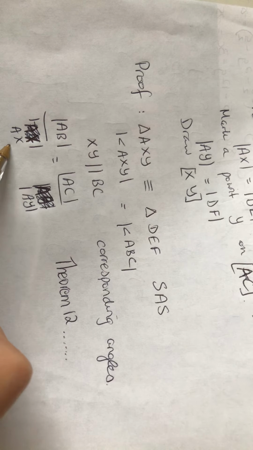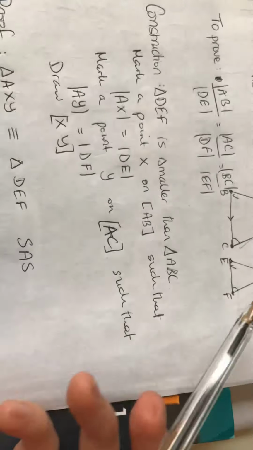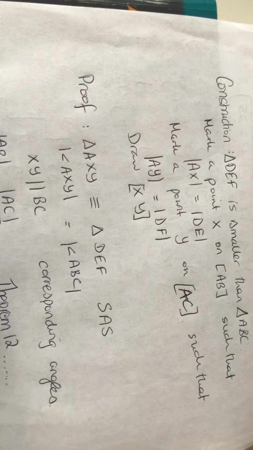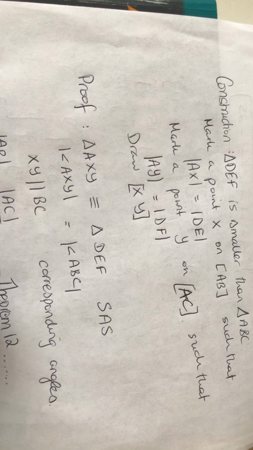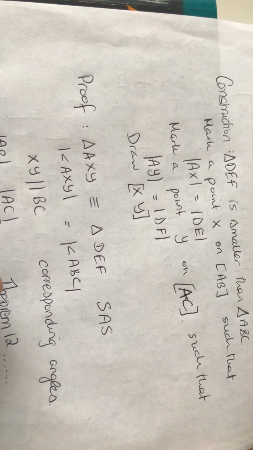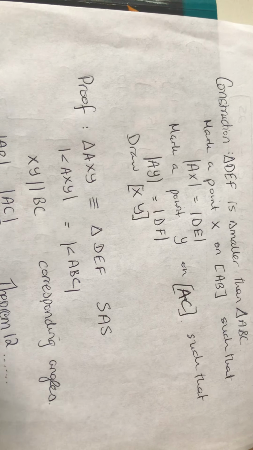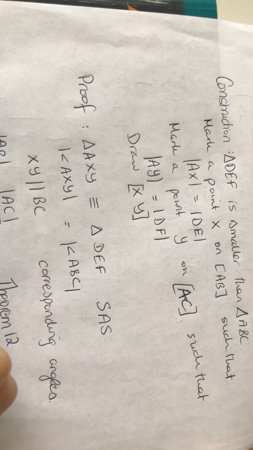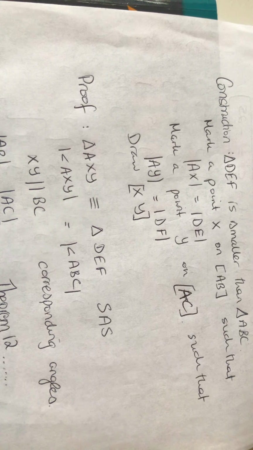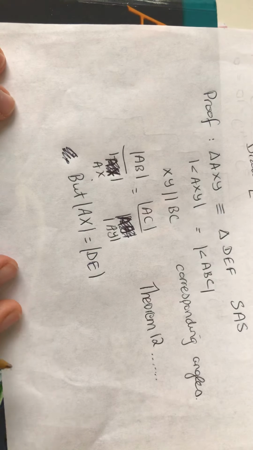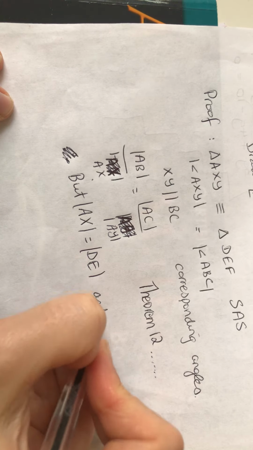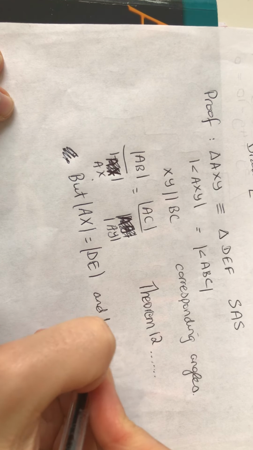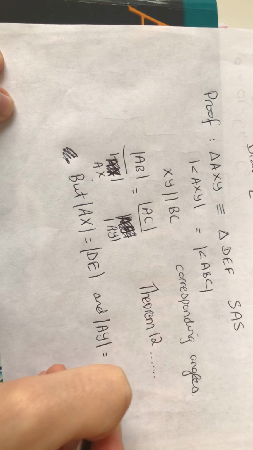But the length of AX is the same as the length of DE. That's from our construction. And the same with the other one, AY is the same as DF.